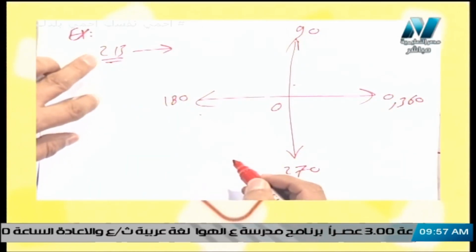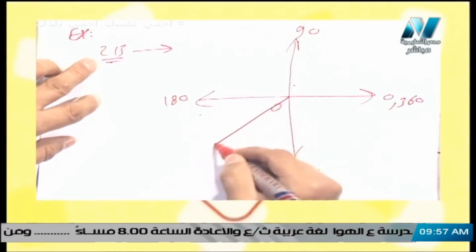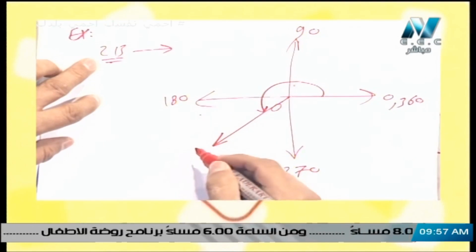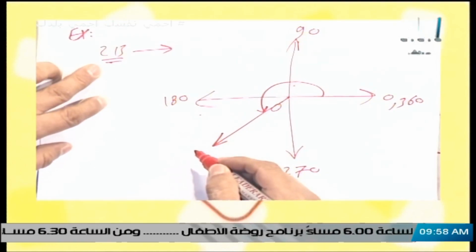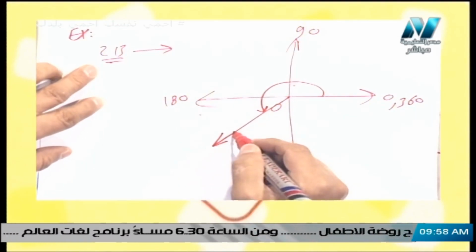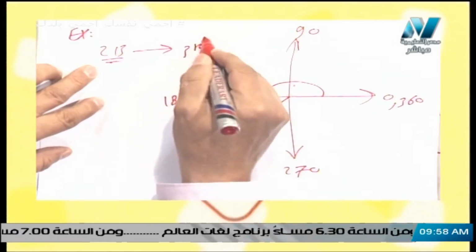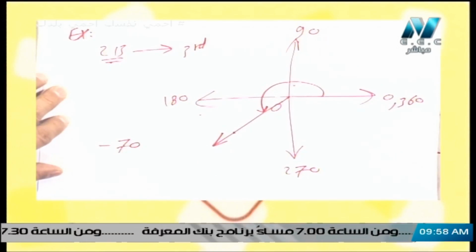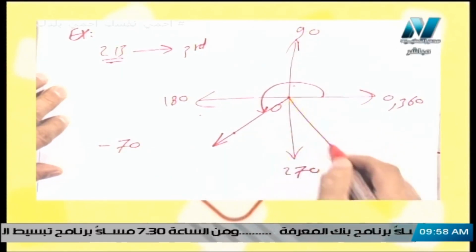Its terminal side is this side. So, of course, it lies in the third quadrant. What about negative 70? Negative 70 lies here.